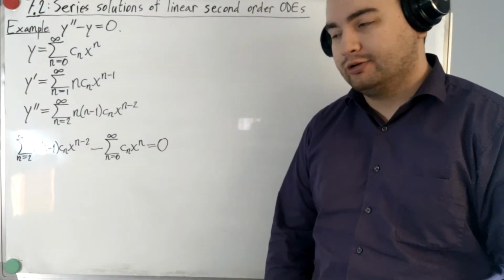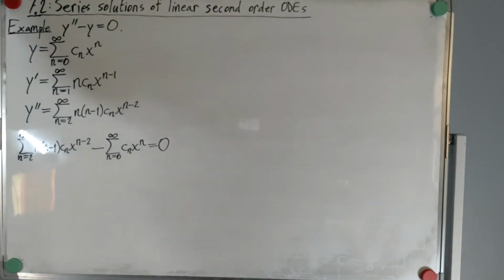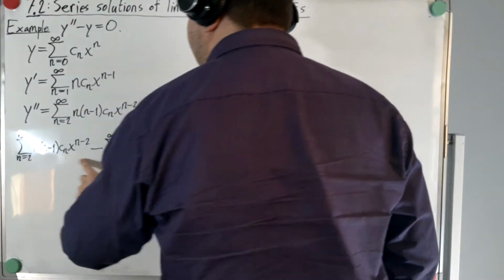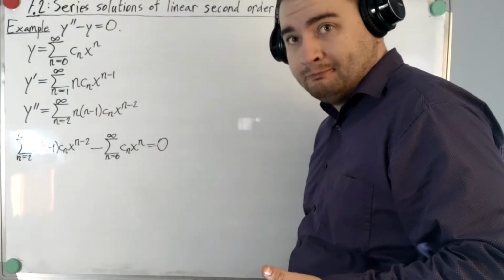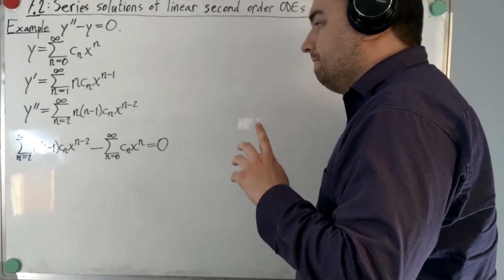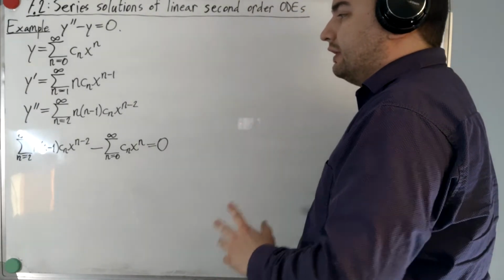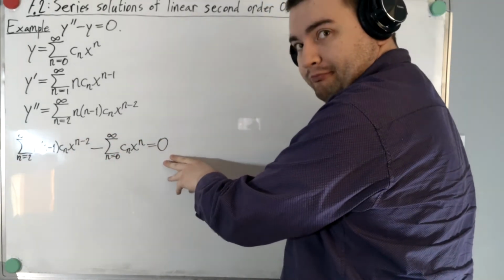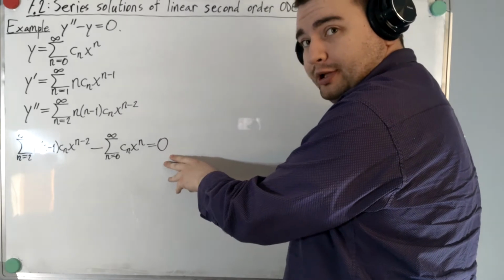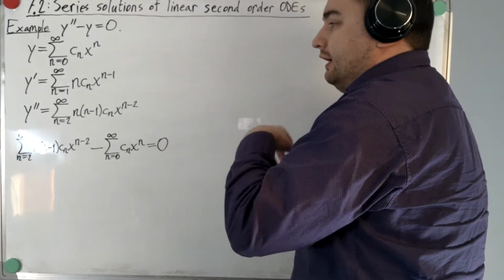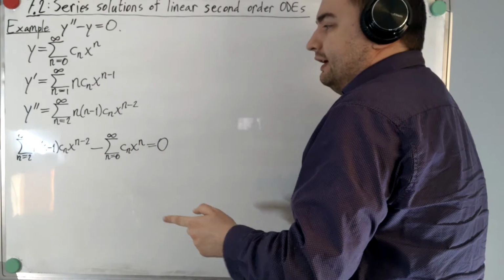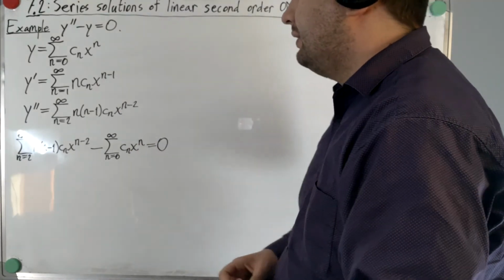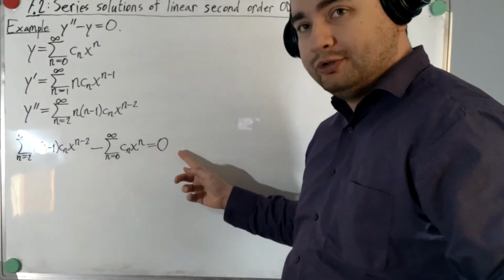Okay? Now, our goal is to find what Cn is for each value of n. And to do that, we're going to have to say some power series equals 0, because then all the coefficients would be 0. Unfortunately, we do not have that right now. What we have right now is a power series minus another power series equals 0.